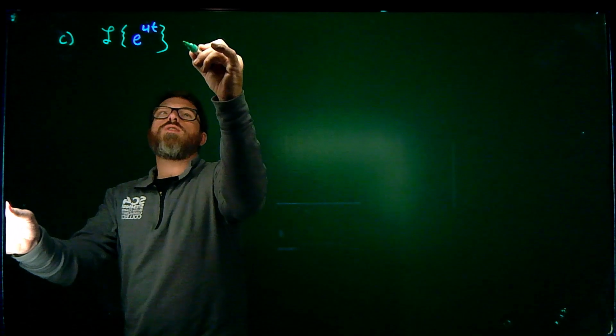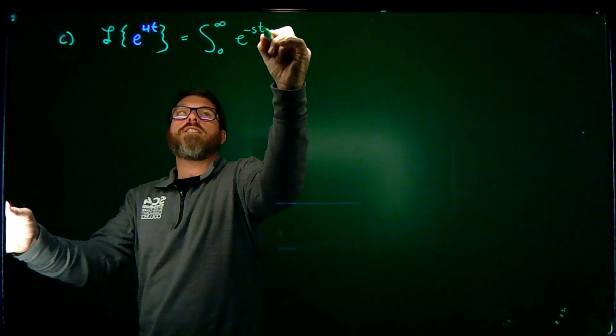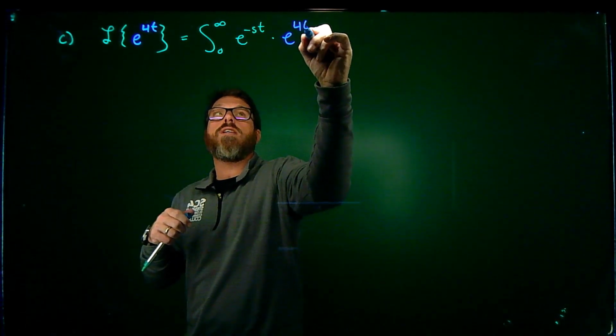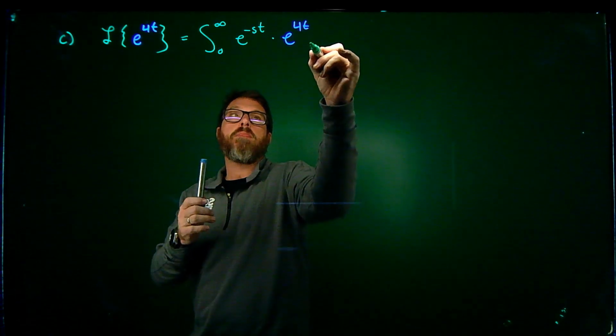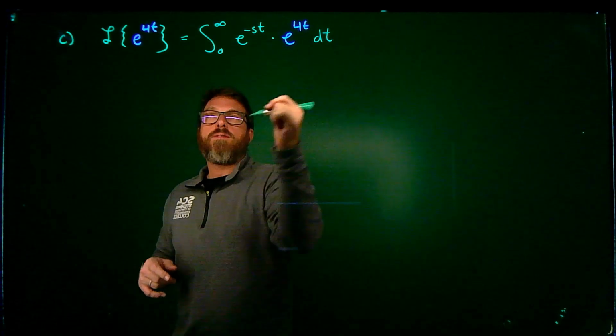So we know that this is going to be equal to the integral from 0 to infinity of e to the minus st times the function I'm doing the Laplace of, so e to the 4t, dt. So what we can do is simplify this exponential.